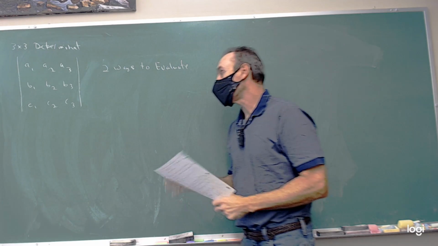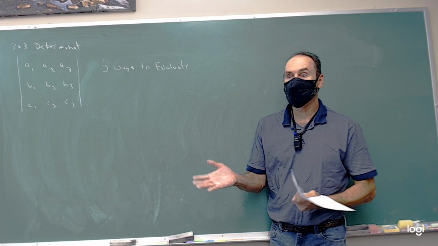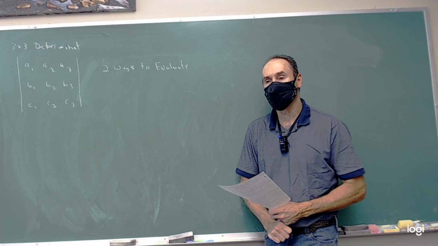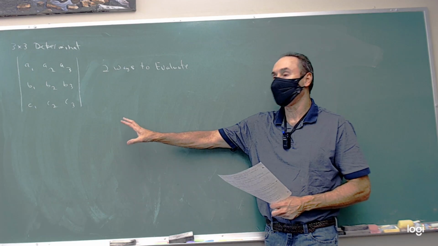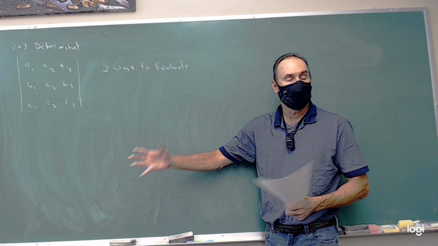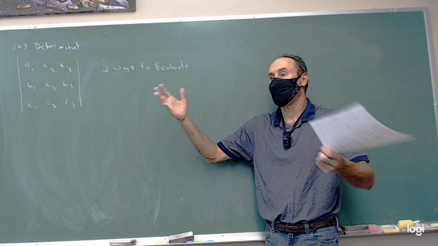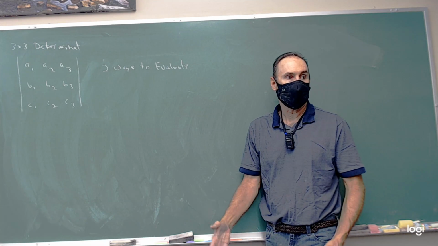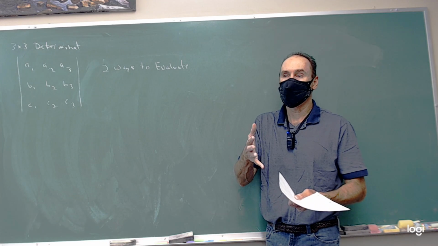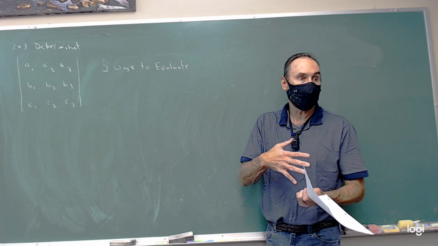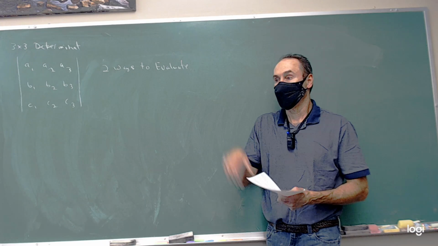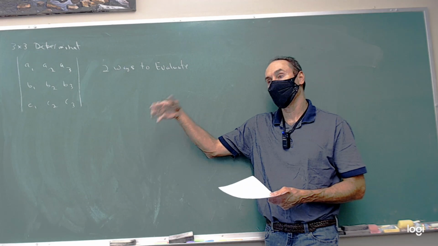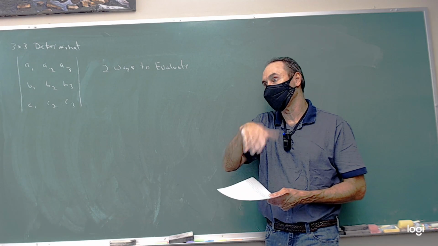One of them is really clever and works only for 3 by 3s, just like the down minus up only works for a 2 by 2 determinant. I'm going to show you first the way that only works for 3 by 3s. After that, we'll talk about a way that generalizes to evaluate any determinant, in particular determinants bigger than 3 by 3, because there are no more clever tricks. There's the clever 2 by 2 where you go down minus up. There's going to be the clever 3 by 3 where you go down, plus down, plus down, minus up, minus up, minus up.